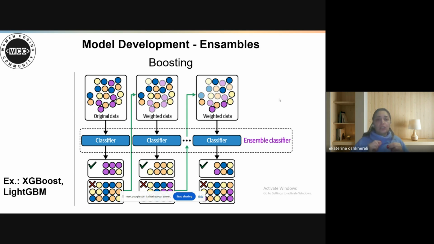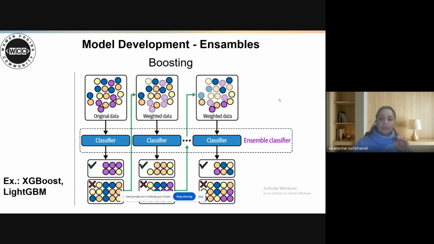For each sample which was misclassified, it gives a higher weight. For the second iteration, the algorithm will be trained on this reweighted data, and so on and so on. And in this way, the weak learners are converted to strong ones.